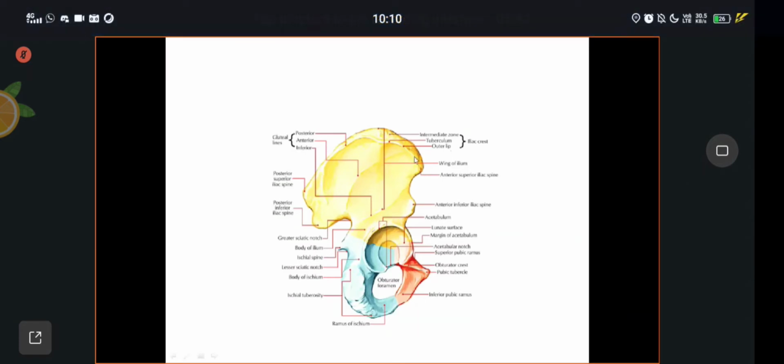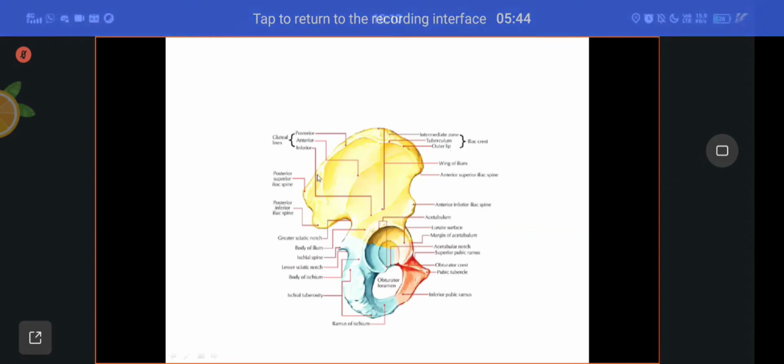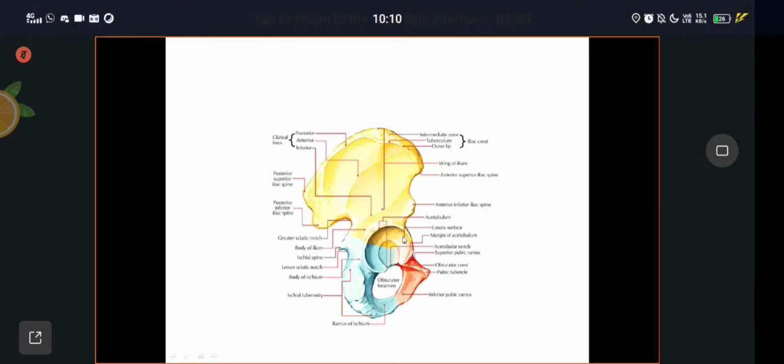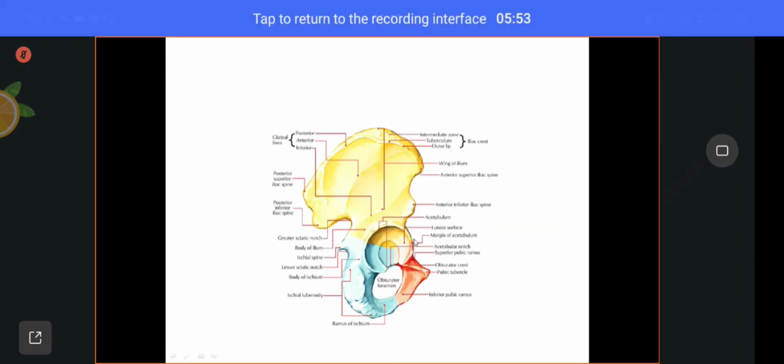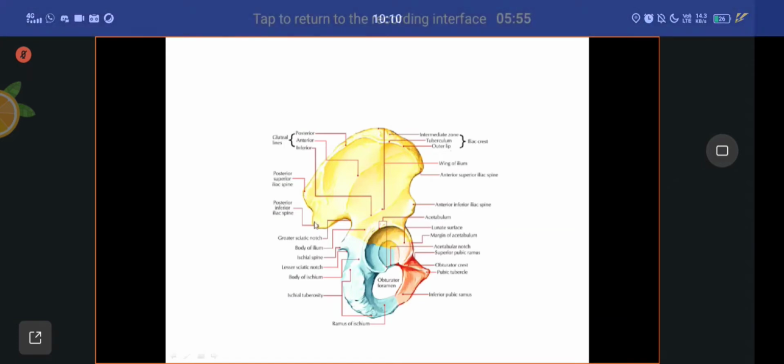The upper end forms the iliac crest, which we will discuss later, and the lower end forms the acetabulum.